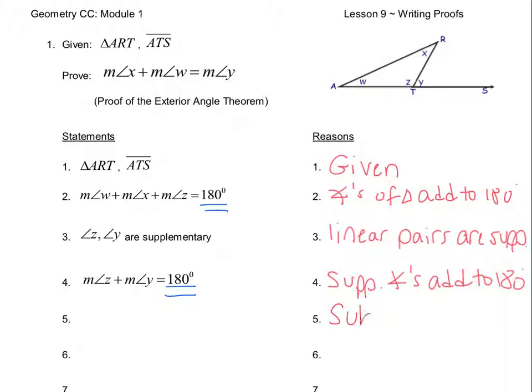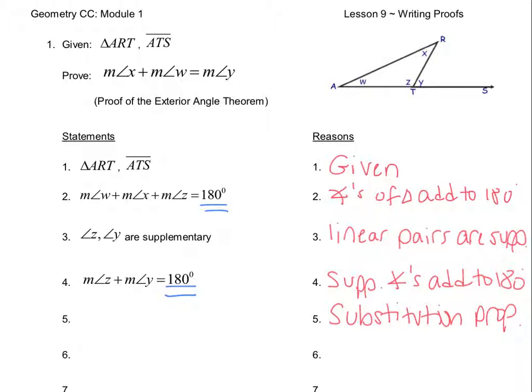I know when I have a match there, I can use substitution. If both of these are 180, then both of these pieces must in fact be equal.